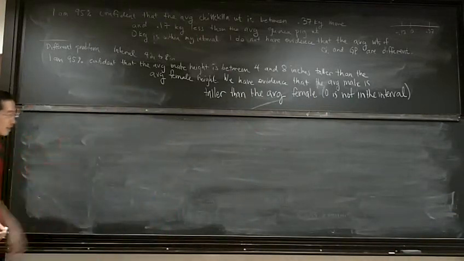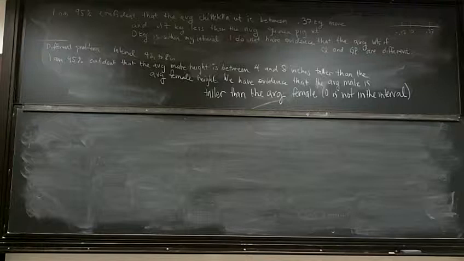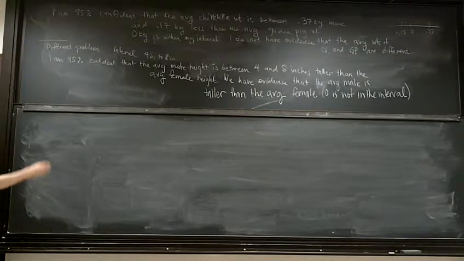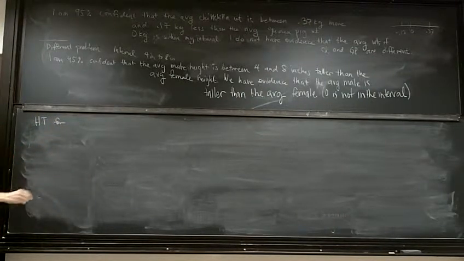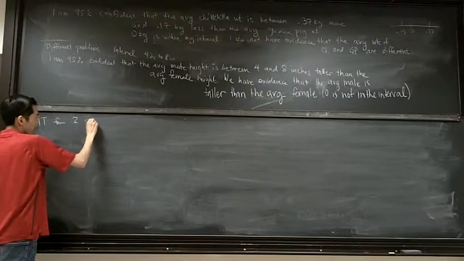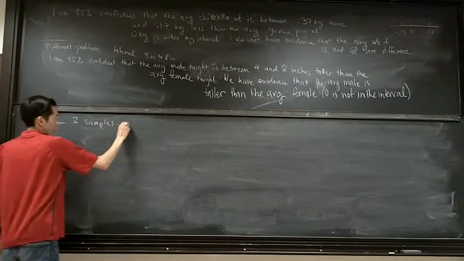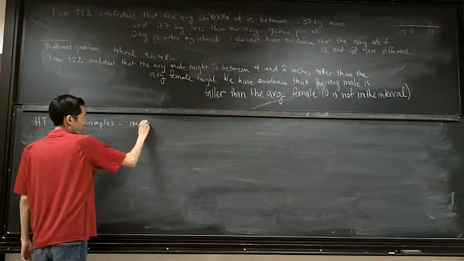So this is the last situation and scenario, and I've got to work a little bit quickly, but it shouldn't be too surprising, okay? And this is hypothesis tests for 2 samples, and we're dealing with means again, or numeric variables.